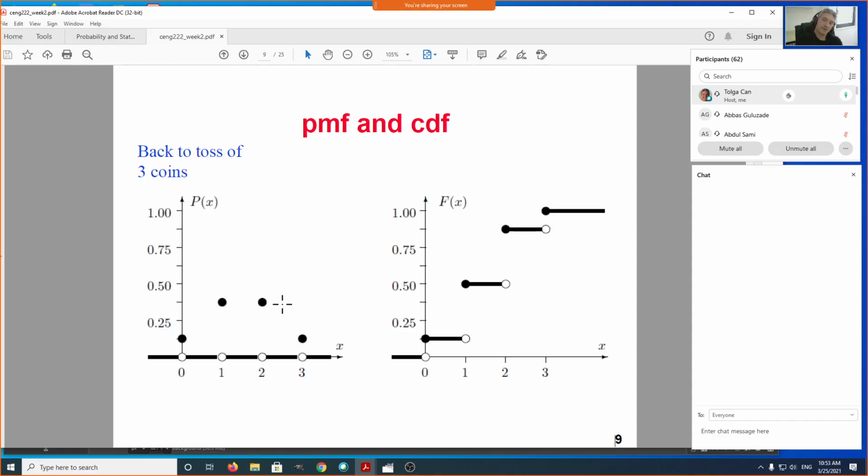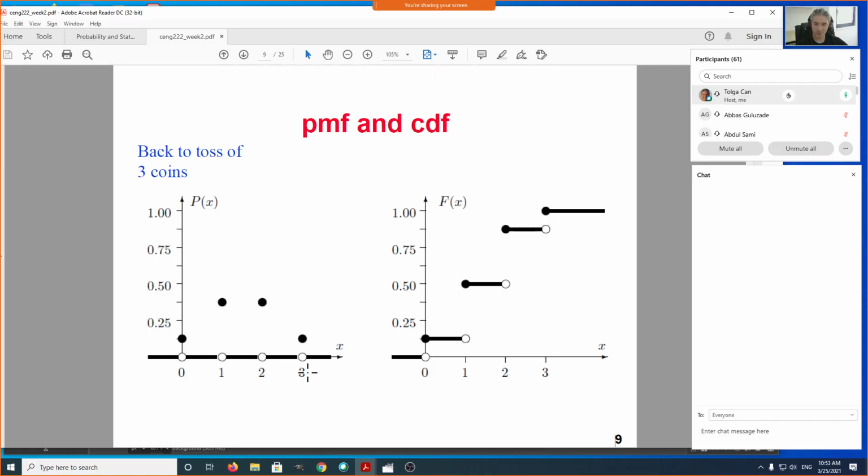Now, if you look at how the probability mass function and cumulative distribution function look in the case of this 3 coin toss example, we see that the probability mass function is all 0. Since this is a discrete random variable which can take only 4 values, in all other places between -infinity and +infinity, the probability to obtain, for example, 0.5 heads is 0.